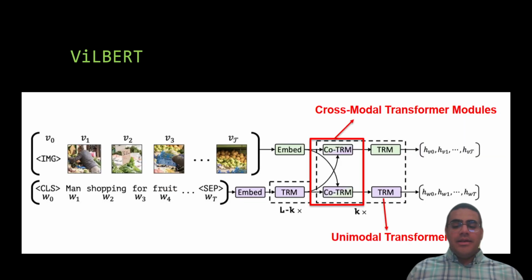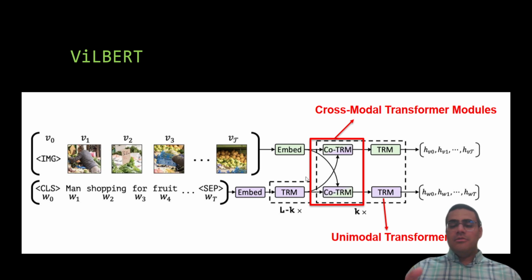All right, so here we see ViLBERT, which is a very famous multimodal machine learning model. Here we see an image containing a bunch of objects and also a sentence containing a bunch of tokens. The model first embeds these two representations, and then it has two cross-modal transformer modules.